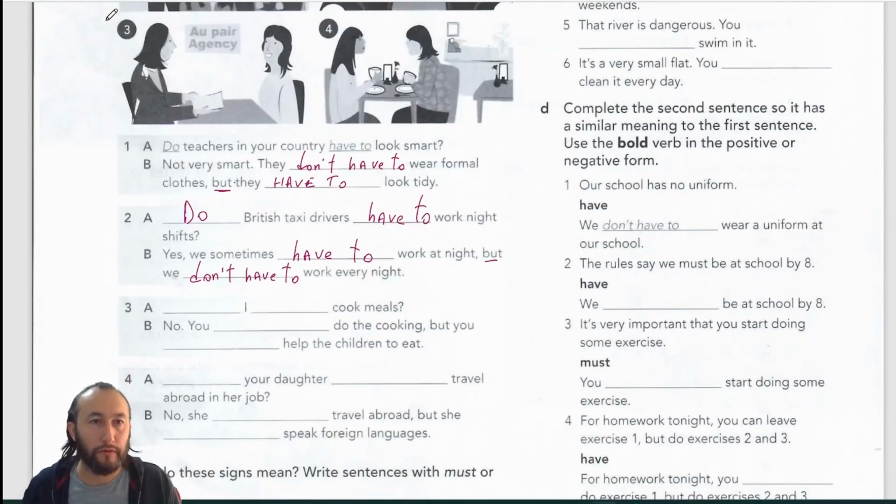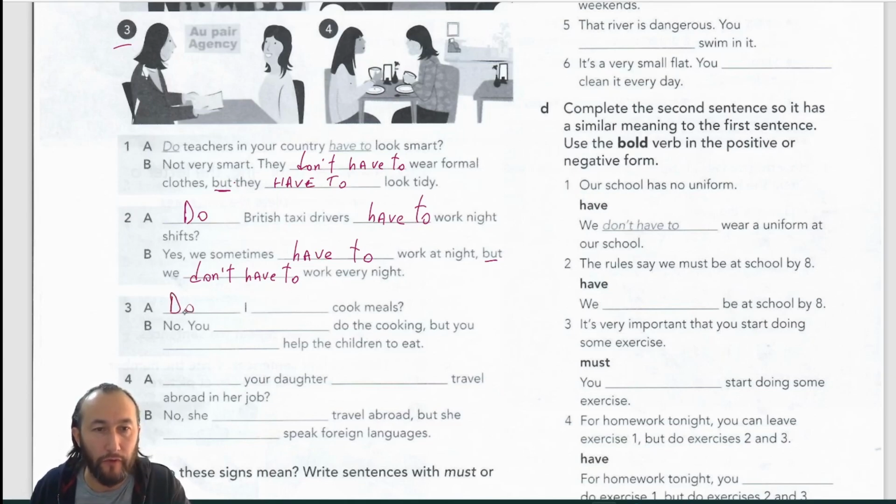And we're moving to picture C. So we've got here an au pair agency. Au pair agency means this girl, a student, would like to learn the language and would like to stay and look after the kids in a foreign country. In return, she's going to learn the language. This kind of job, we call an au pair job. So number 3, cook meals. So the girl is asking, do I have to cook meals?